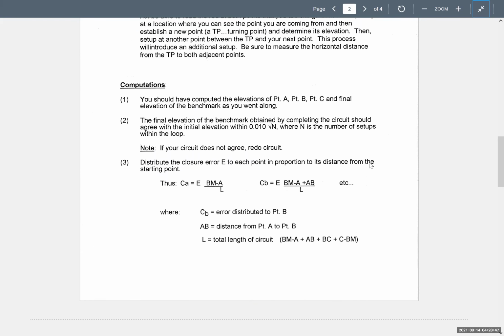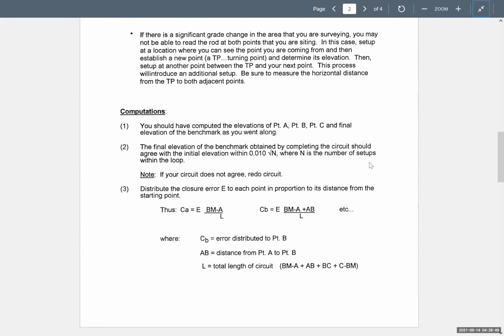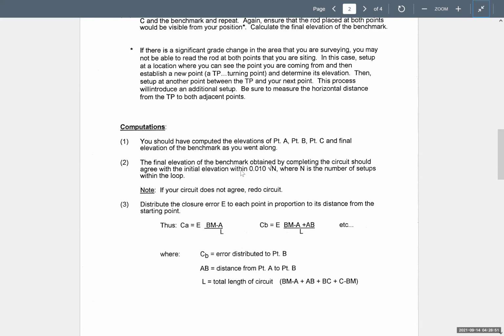And let's take a look at the amount of error he's allowing. So it says the final elevation of the benchmark obtained by completing the circuit should agree with the initial elevation within 0.010 radical n, where n is the number of setups within the loop.